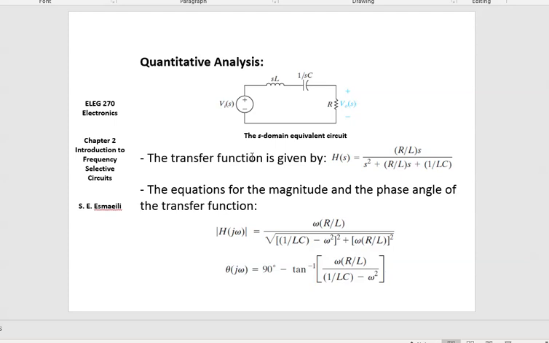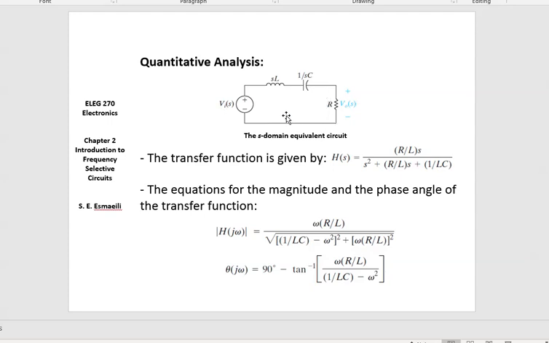So here, in order to find the value of the bandwidth correlated with the circuit components that we have used to create this filter, we have to, of course, find the transfer function, which is the ratio of the output over the input, V out over V in.